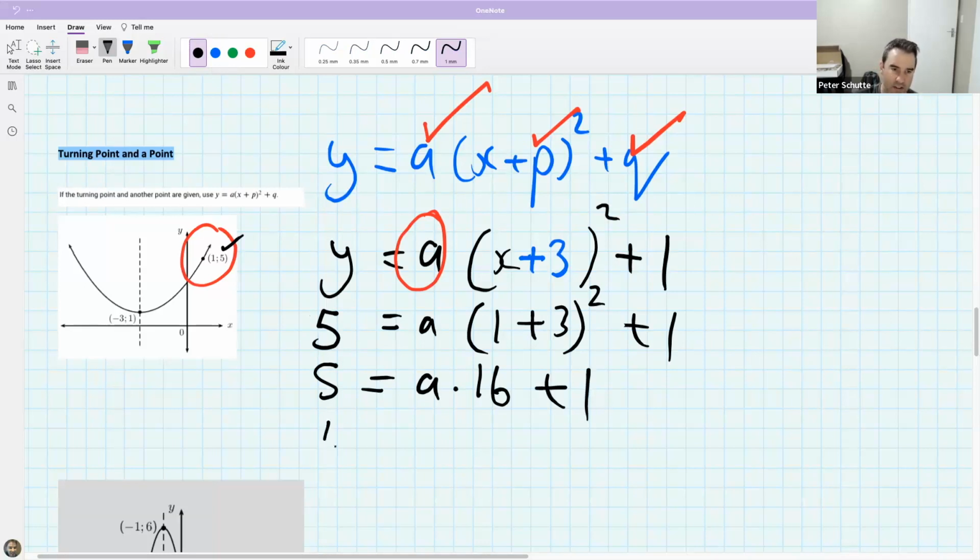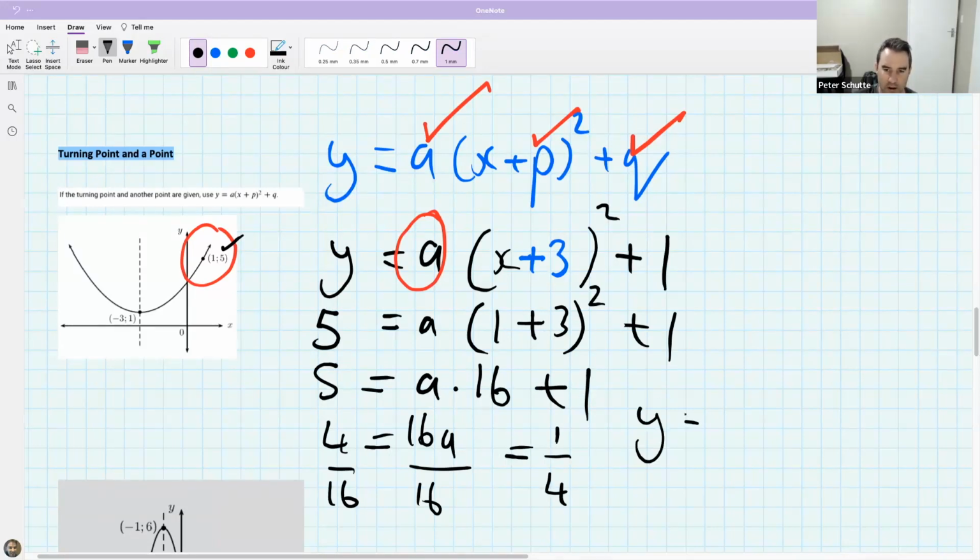We take it to the other side and we get 4 is 16a. Then if I divide both sides by 16, I get that a is 4 over 16 or 1 over 4. So the equation of my parabola would be a quarter (x plus 3) squared plus 1.